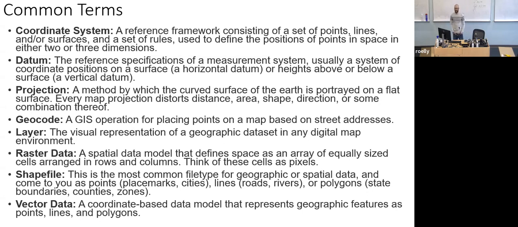Vector data is our points, lines, and polygons. So typically when you go to a house, you do a survey, you'd get their latitude, longitude. That would be an example of vector data. And then the most common way that you share vector data is with a shapefile. So these are just terms that you might hear if you're talking to a GIS person about getting your analysis up and running. They might throw these words around.